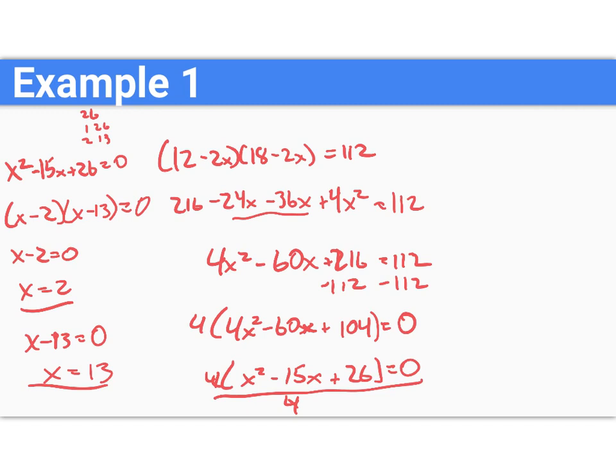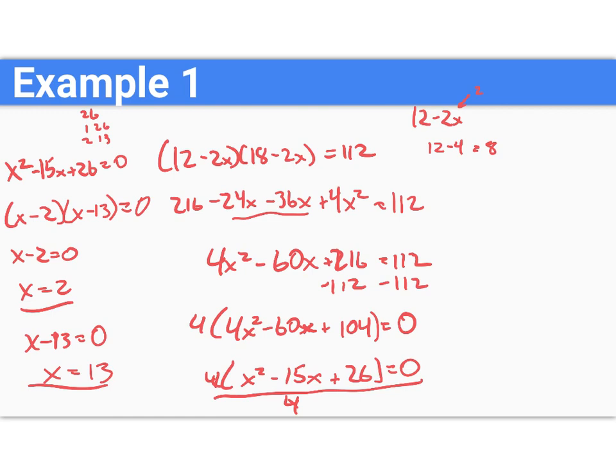So for my size, 12 minus 2x, if I stick 2 in here, I get 12 minus 4, which makes sense. That gives me 8. So the length of the flap can be 8, I guess, feet, because we were using inches. I'm sorry, we were using inches.